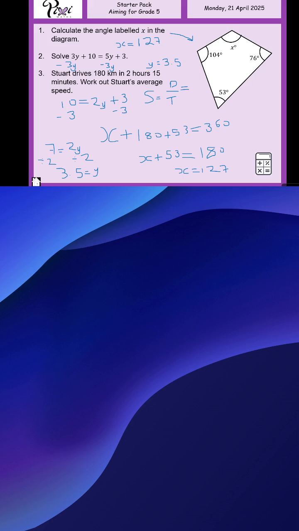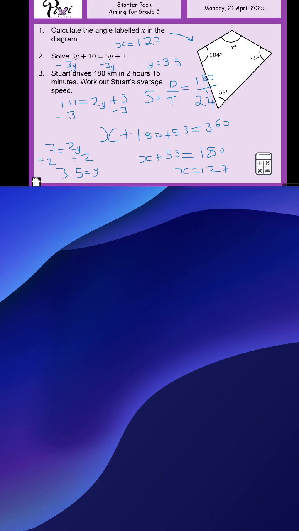So here it is 180 divided by 2.25, which is 2 and a quarter, because 15 minutes is a quarter of an hour. 15/60ths simplifies to 2 1/4.